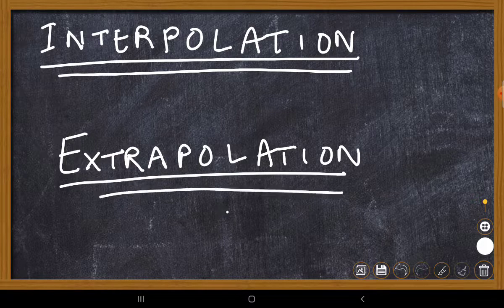There are these two concepts which we will know side by side, but for your syllabus, you are only required to learn about interpolation. So what do we mean by interpolation?